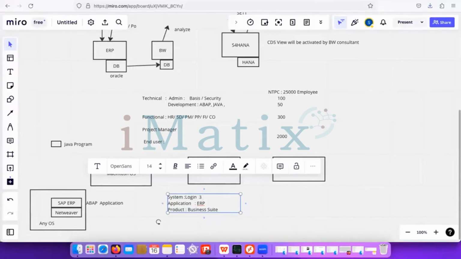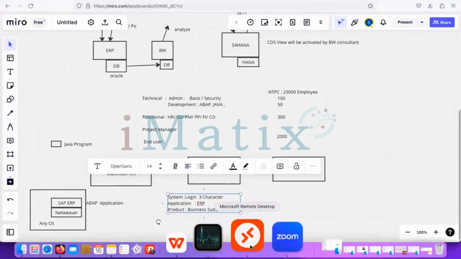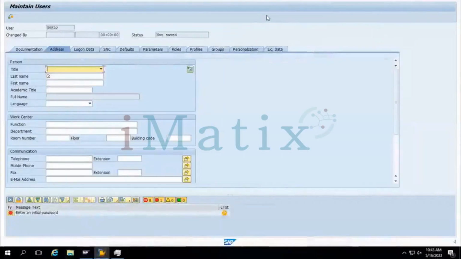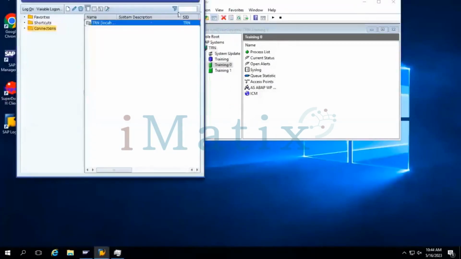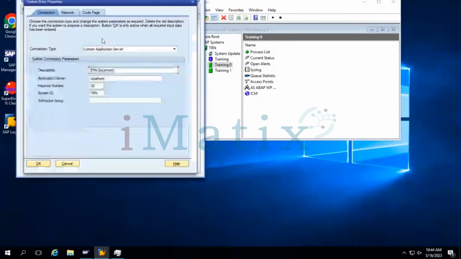System is always 3 characters. Like here, if you are able to see my system, I want to log in into the SAP system. This is my SAP system. What is system ID?